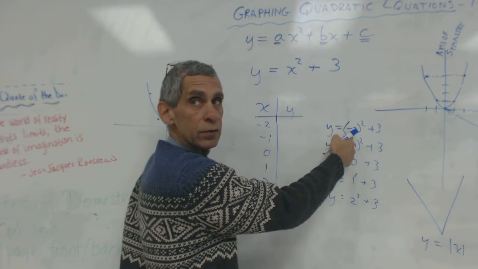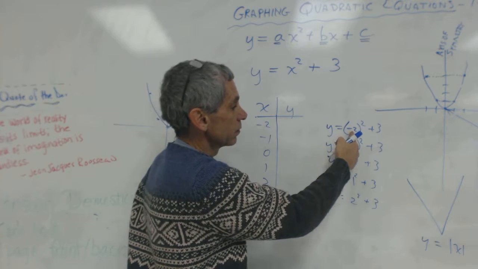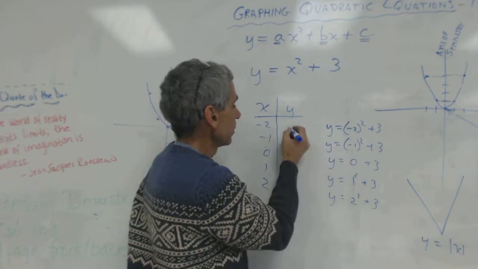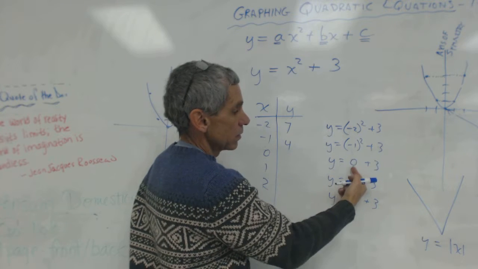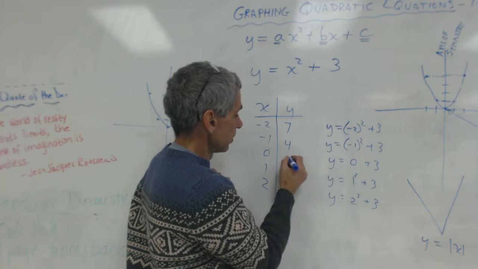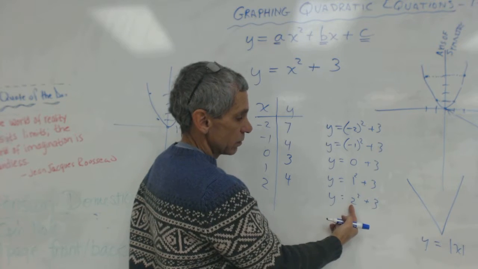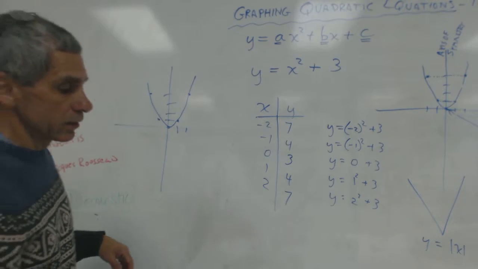-2 squared is 4, plus 3 would be 7. -1 squared is 1, and 1 plus 3 is 4. 0 plus 3 would be 3. 1 plus 3 is 4 again. 4 plus 3 is 7. And then I could graph that.